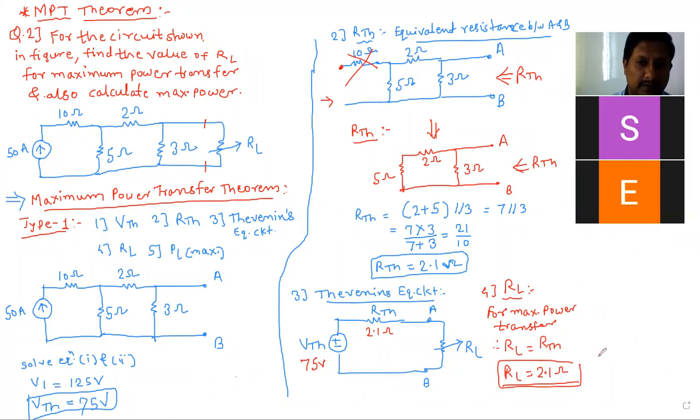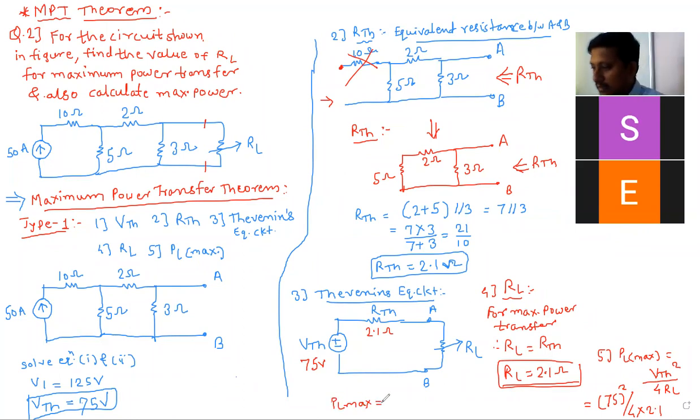Fifth, you can calculate PL max. What is the PL max formula? VTH square divided by 4 into RL. So put values and tell me the answer. 75 bracket square divided by 4 into 2.1. Tell me PL max in terms of watt.